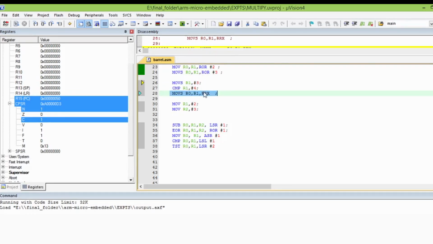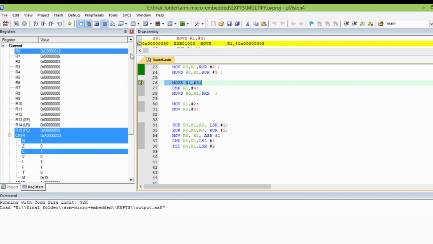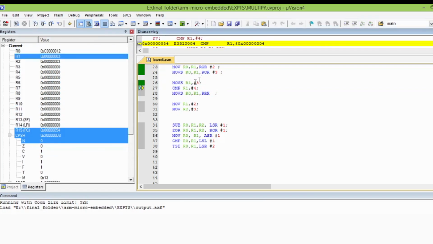In the theory, we assumed carry to be 0. Here carry is actually 1, so I'll make a minor modification to set the carry to 0. First of all, we are changing R1 to 3 so that we can take the same example as in the theory. Then we are comparing R1 with 4.